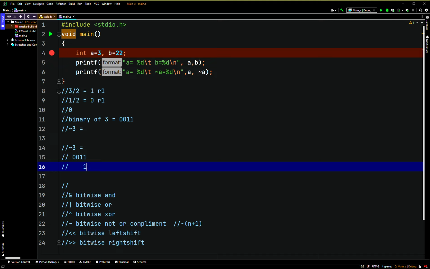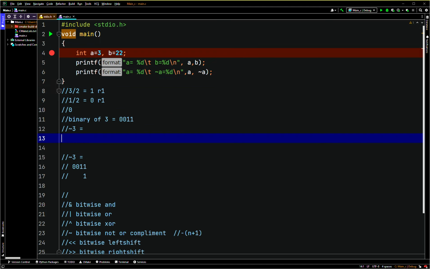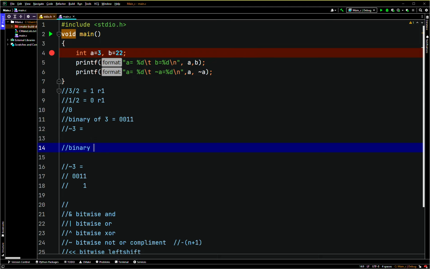So what we're going to have to do is just remember the rule when we add 2 ones. Binary addition rules: you just have to remember 2 ones equals 0, carry a 1.